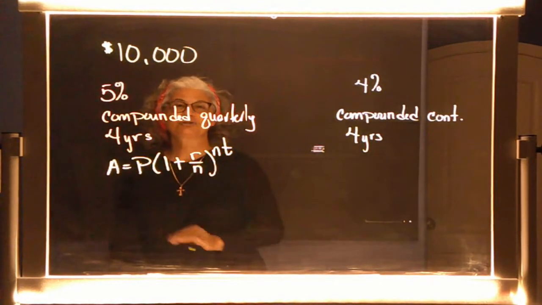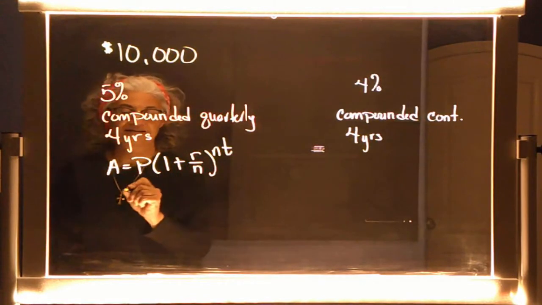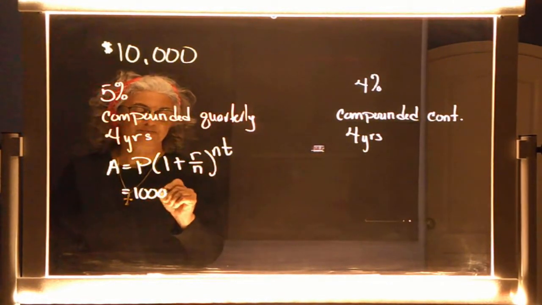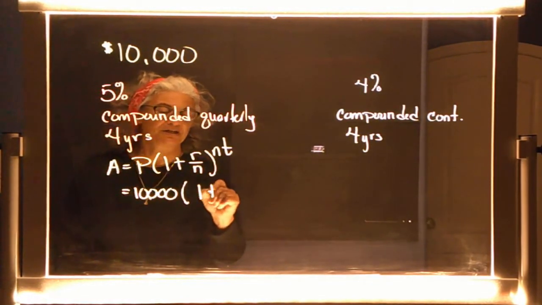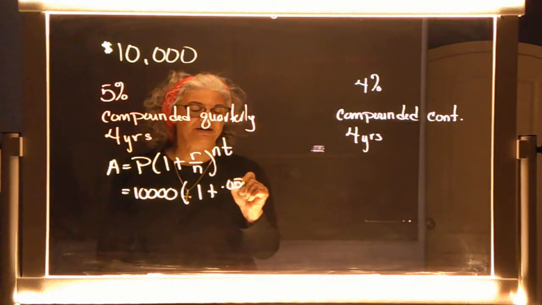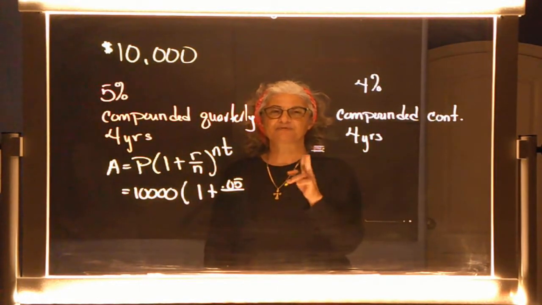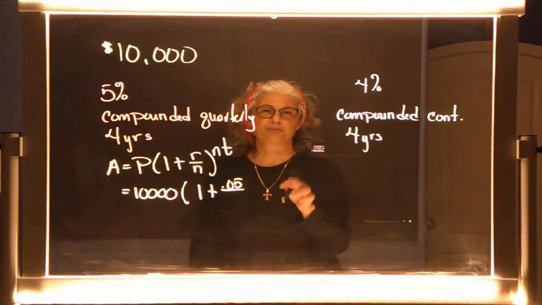So let's take a look at this one. Our P is the 10,000, correct? Because that's the principal. 1 plus R stands for the rate. That's 0.05. N is the number of times per year the account is being compounded.